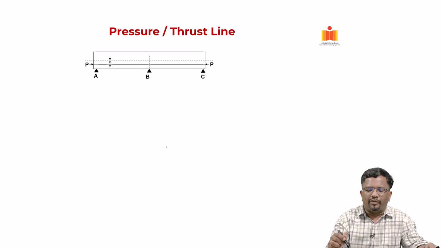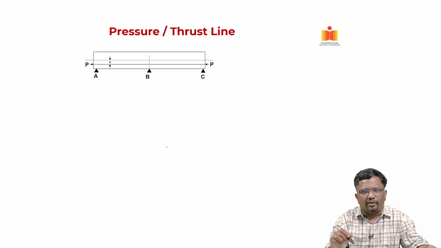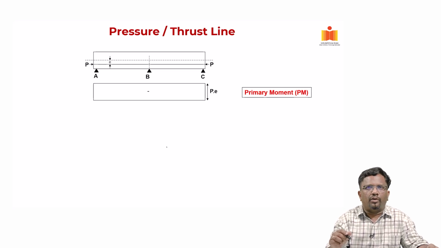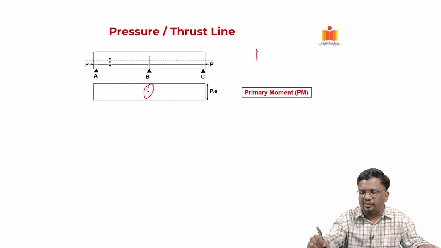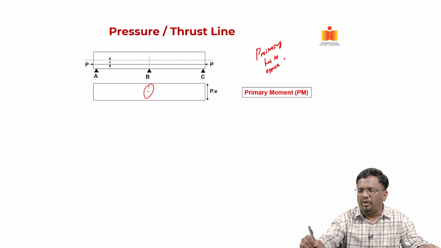For example, again you have a 2-span continuous system with pre-stressing cable at a constant eccentricity E. Now, what would be the primary moment that will be developed? It will be minus P into E. Now, why I am taking this minus is pre-stressing has to oppose external loads, right.